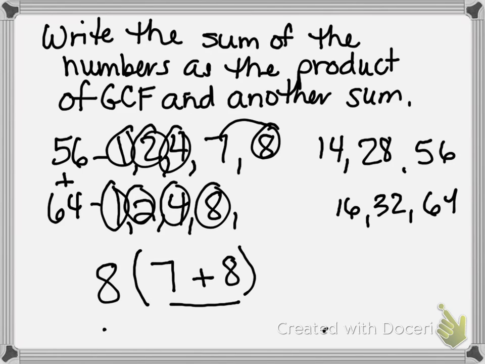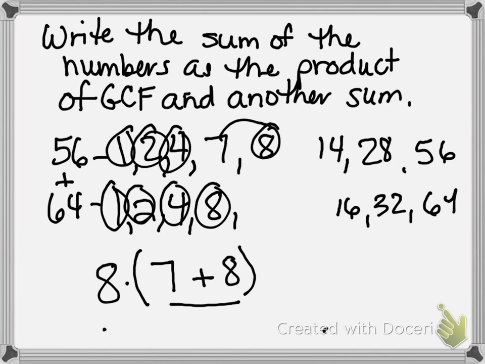And I know this is a product because I am multiplying that together. Okay, I'm waiting for this to sink in. I went over this once already, so I'm letting this marinate. Write the sum of the numbers. Step 1, list all the factors. Find the greatest common factor. That number goes on the outside. That's what I'm multiplying by. And then their partners are what I'm adding up inside.